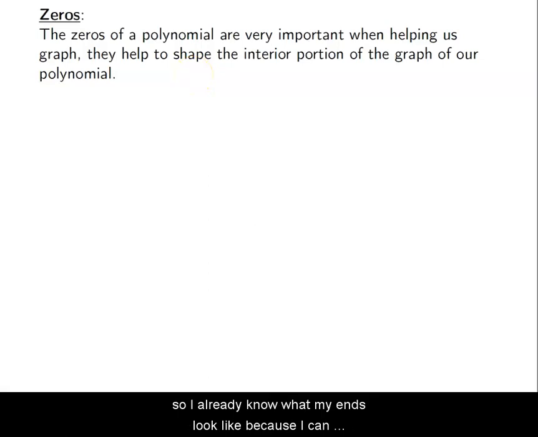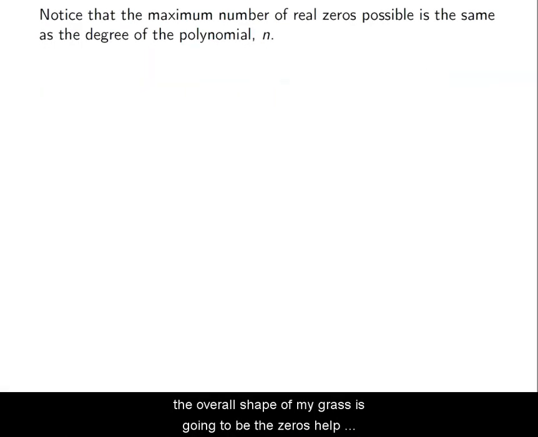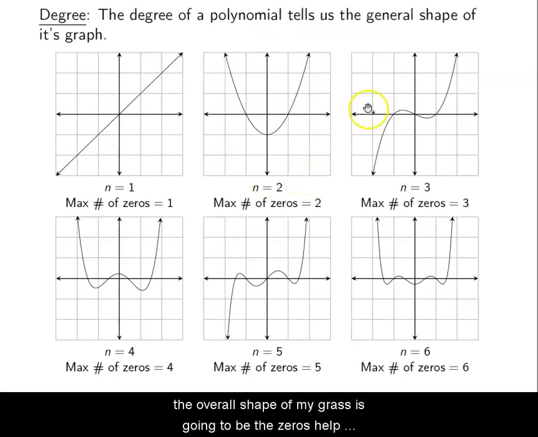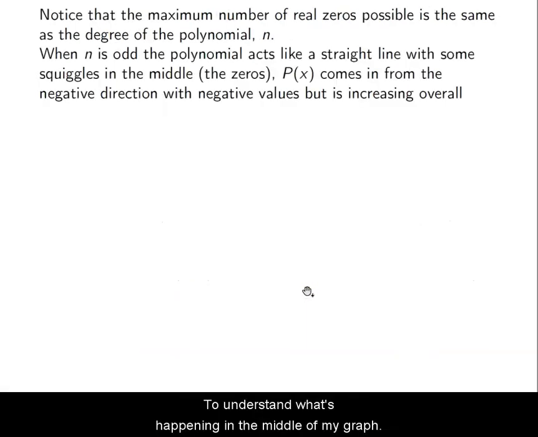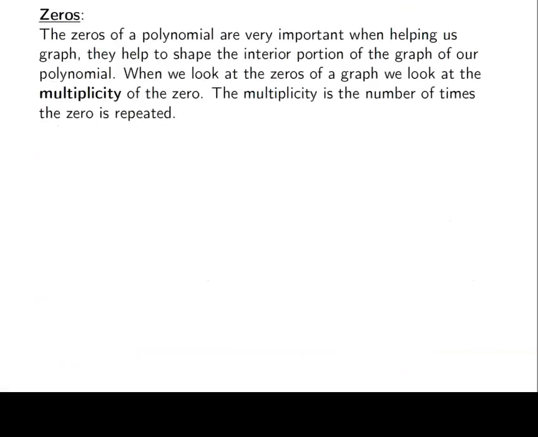I already know what my ends look like because I can analyze the end behavior based on the lead coefficient and the degree of the polynomial. I know what the overall shape of my graph is going to be. The zeros help me to plot what's happening on the inside. So I know the ends, I know if they're going up or down, but the zeros allow me to understand what's happening in the middle of my graph, okay?